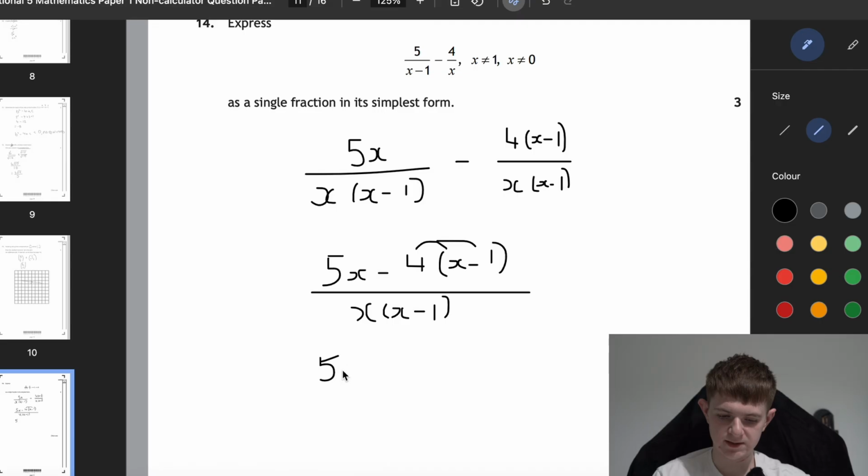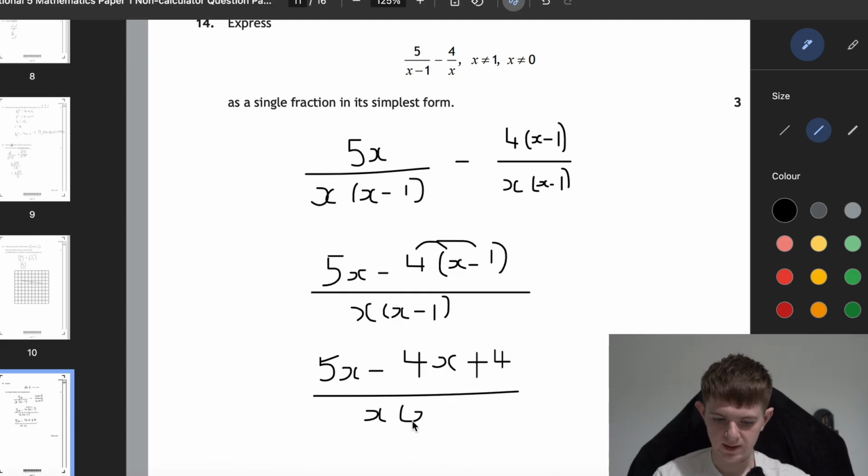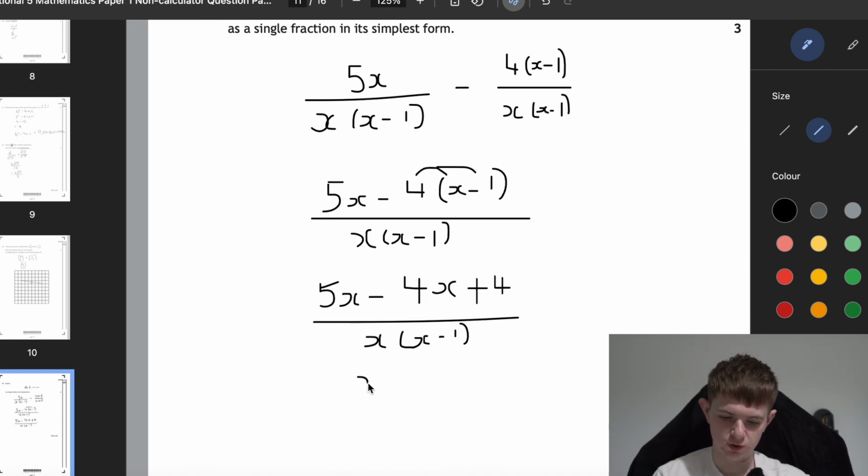So 5x take away 4x, and then negative 4 times negative 1 is going to get you positive 4, over x bracket x take away 1. 5x take away 4x, collect our like terms, it's just going to get us x, and then add 4, and that's over x bracket x take away 1.